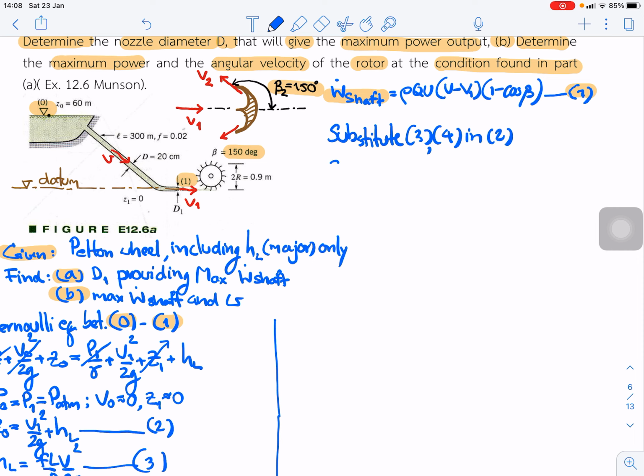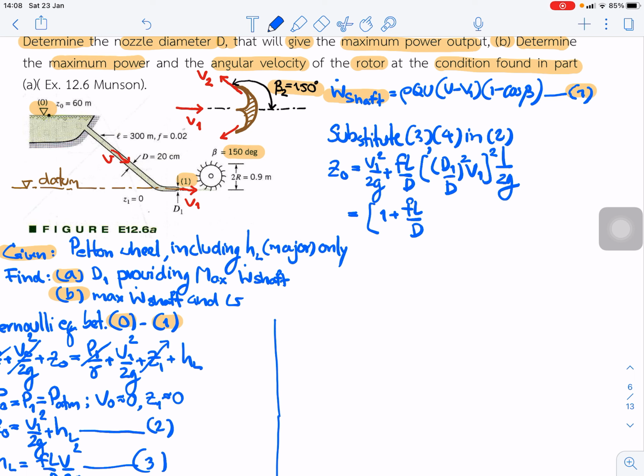So we got Z0 equal to V1 squared over 2g plus f L over D. We can rearrange this equation to get 1 plus f L over D, times D1 over D to the power 4, times the velocity head.